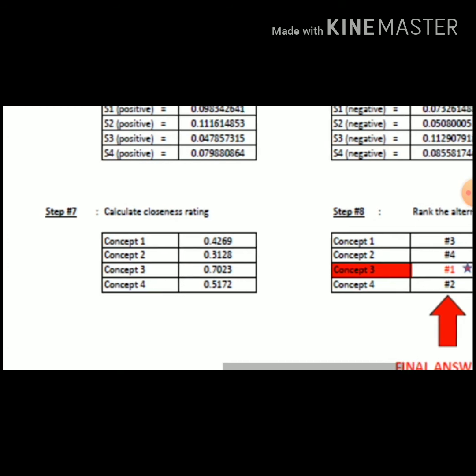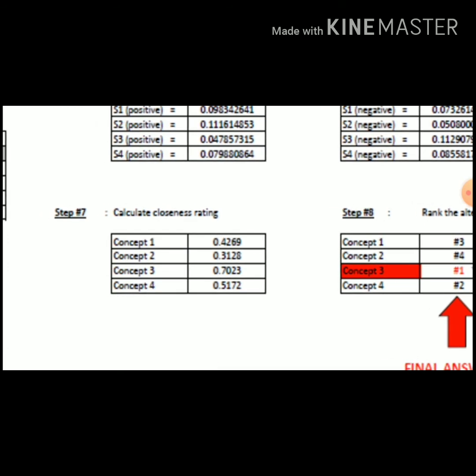So in simple words, what can I say? For the best selection of a product using TOPSIS, it is basically focusing on the product that comes with the lowest positive ideal solution. It shows that you are very close to the positive ideal solution. So we are aiming for the lowest number for the positive ideal solution, and at the same time you must have a high number for the negative ideal solution, because you want to go far away from the negative ideal solution.